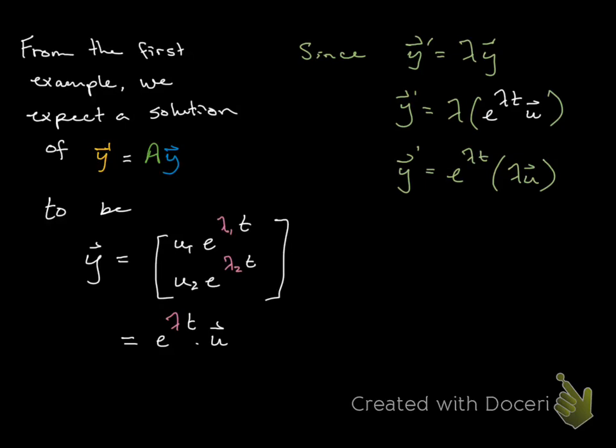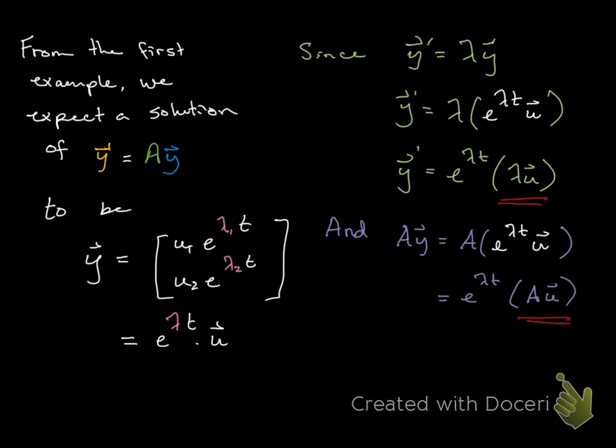And I also know that y prime is equal to Ay, and again, y is assumed to be e to the lambda t times u. Y prime equals Ay. But if I manipulate things again a little bit, that's equal to e to the lambda t, and then A times u.